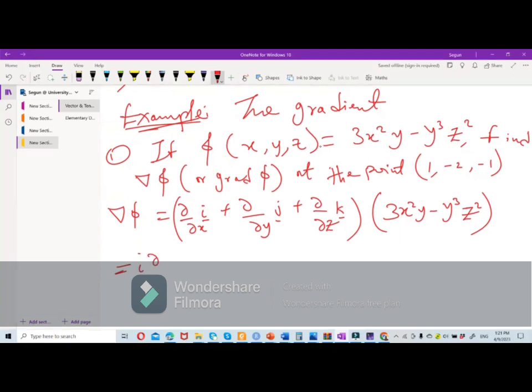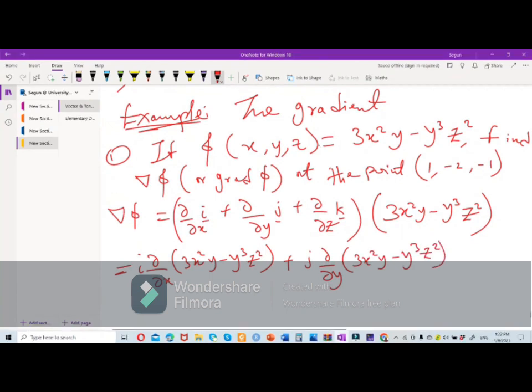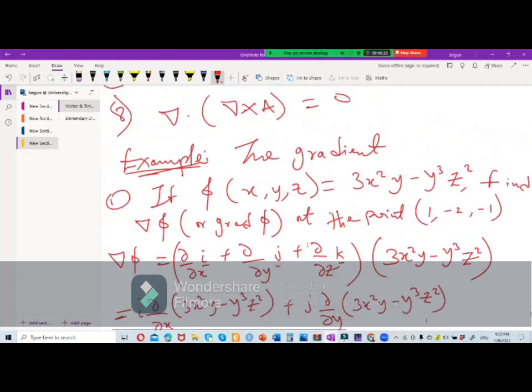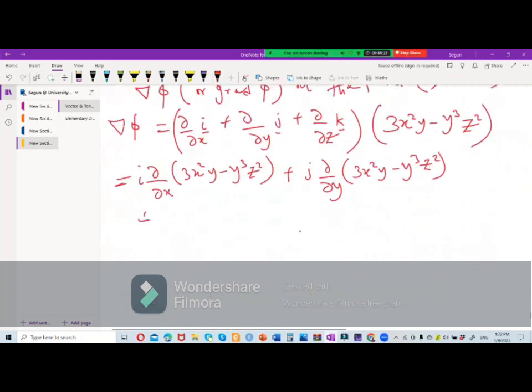i, d dx of the entire equation, plus j, d dy of the entire equation, plus k, d dz of the entire equation.